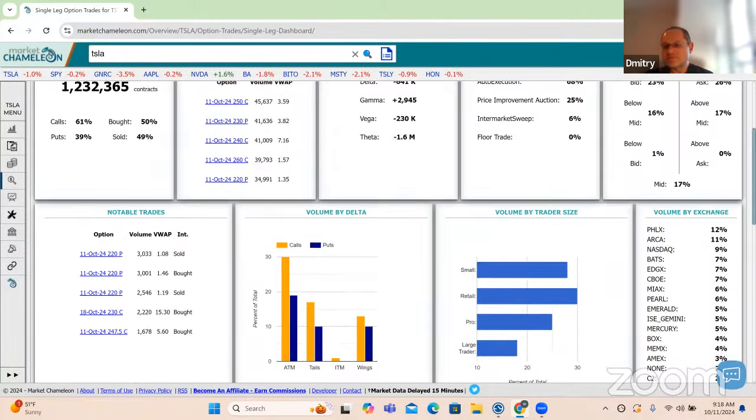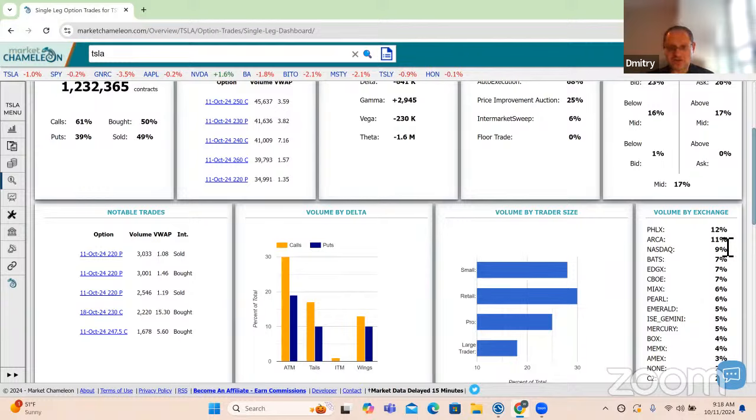So why is this important? Why do we want to know where the volume is traded? Well, if you have a fragmented marketplace with all these different exchanges, one of the things you as a trader want to know is, how can I get the best execution? Where can I get price improvements?